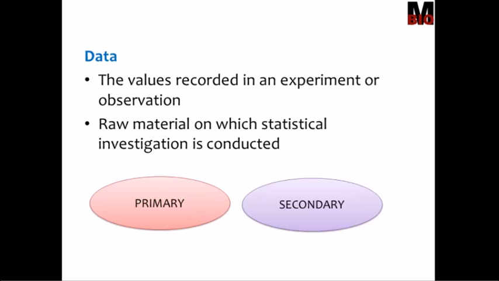The data collected by an investigator by himself or herself is called primary data. It is the first hand information. Then the data collected from another source is called secondary data. For example, data collected from newspapers, journals, publications, etc. are considered as secondary data.